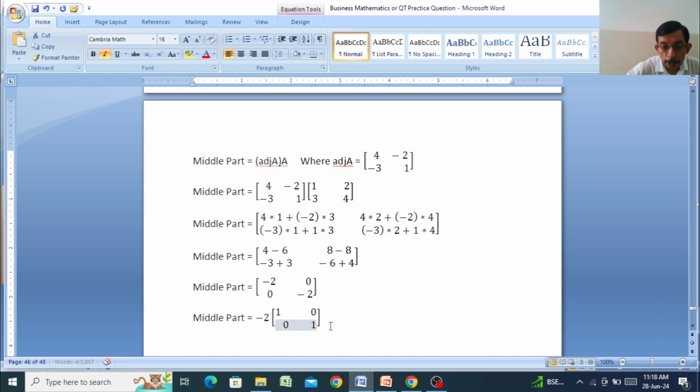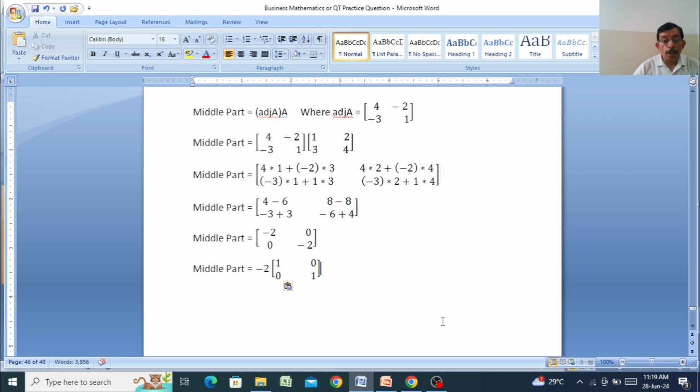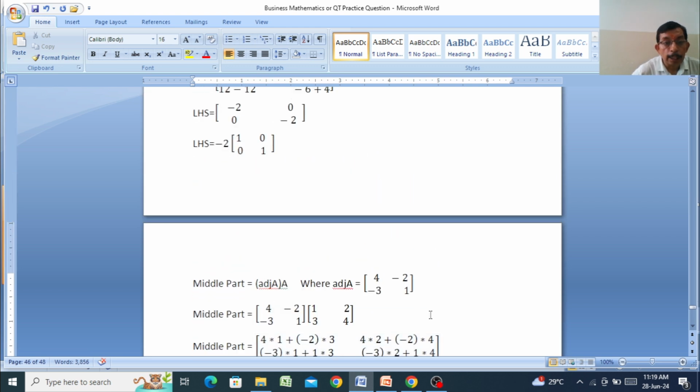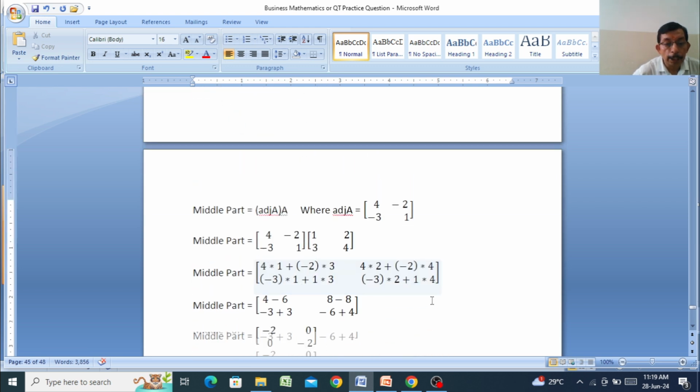Note down 1 here. This is the value of the middle part. The middle value and the left hand side value are both equal.